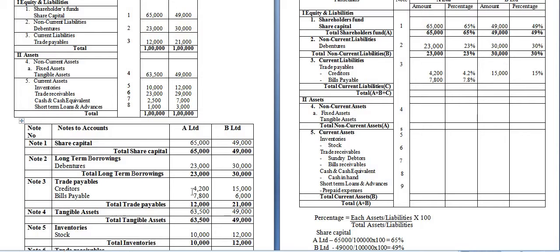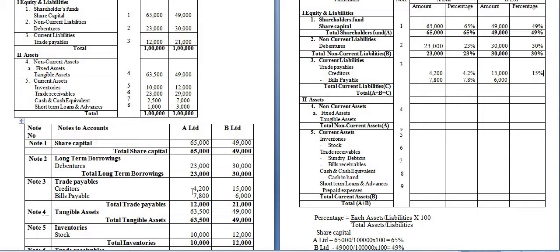Next one, B Limited. The amount of bills payable of B Limited is 6,000. Here in note 3 you can check 6,000. Okay, so 6,000 divided by 1 lakh into 100 is equal to 6%.